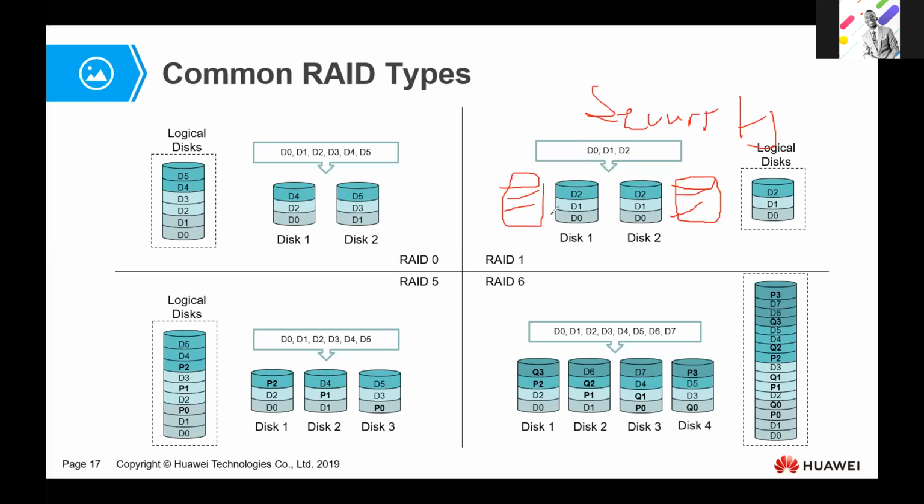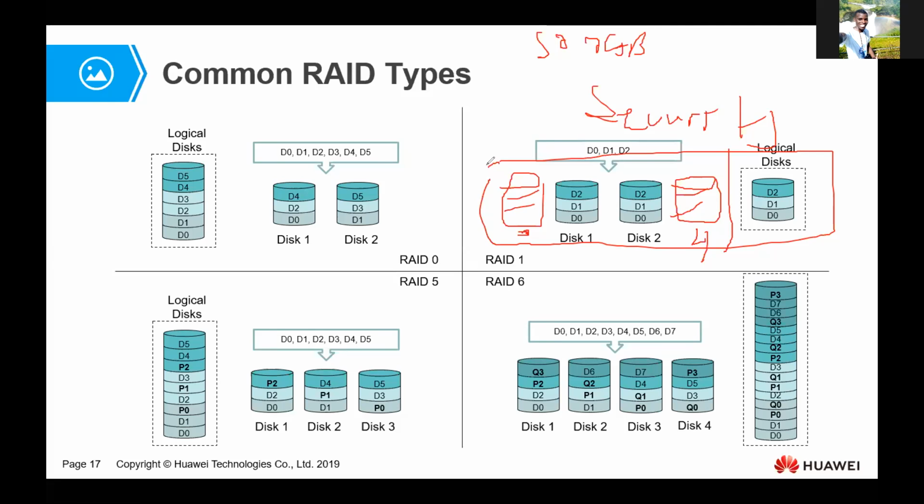If all these disks are 500 GB, could someone tell us how much capacity our RAID will have? Let me use 4 disks. If we had 4 disks, how much would our total capacity be? 500 GB. Yes. So you can see there is a disadvantage.